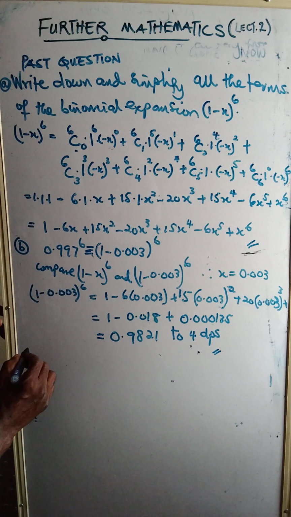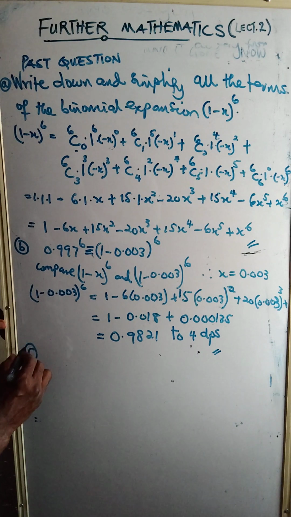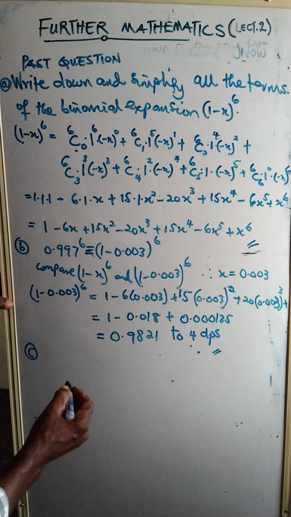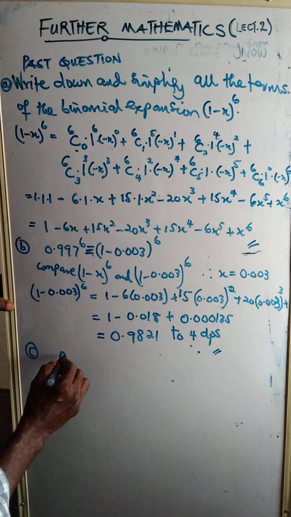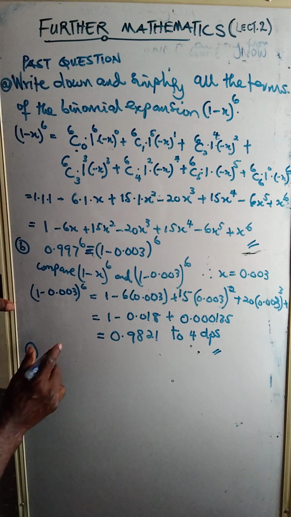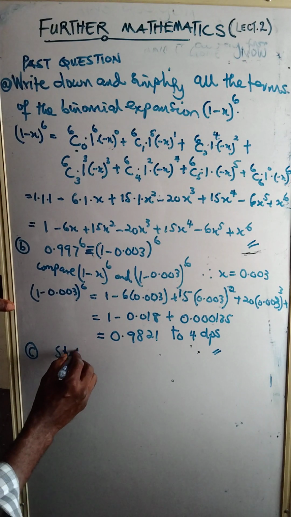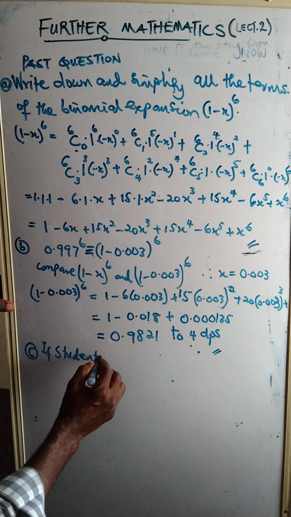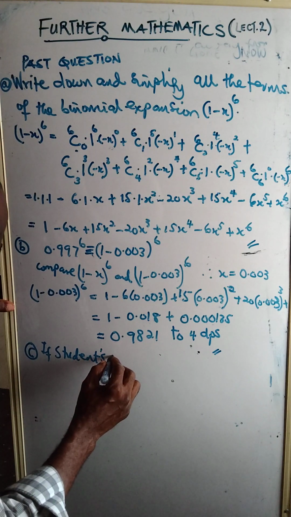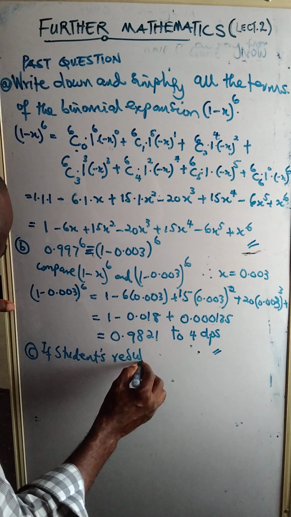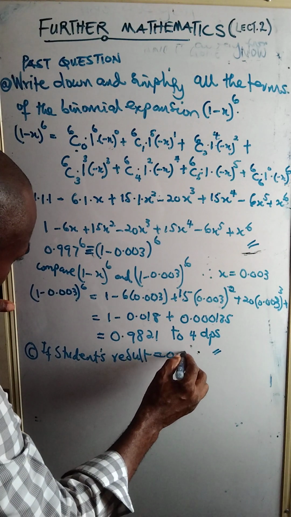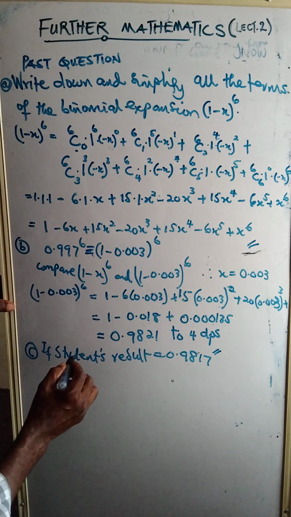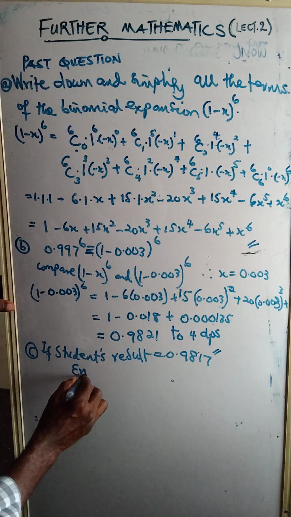Then they told us that there is a student who attempted this question and had a student result. If the student's result is equal to 0.9817, then there is certainly an error.